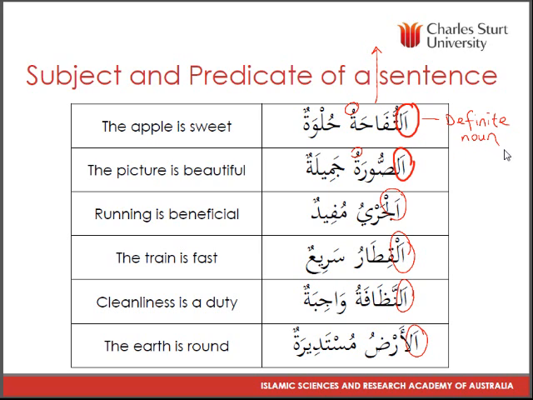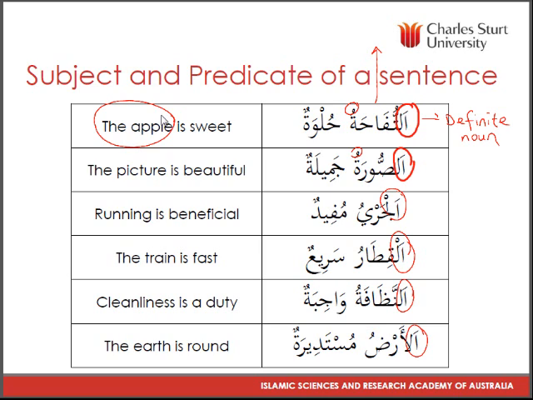This tufahatu, apple, is a noun, isn't it? Because it has prefix with L, it means the apple. So this one is definite noun. So sentence that starts with this definite noun is jumla ismiye. It is a nominative sentence. Okay?